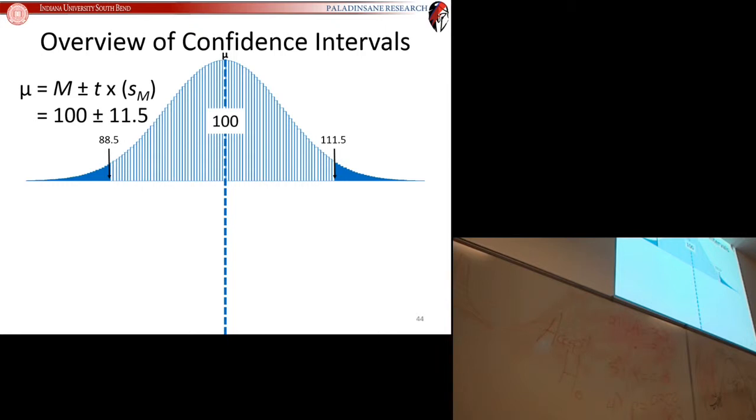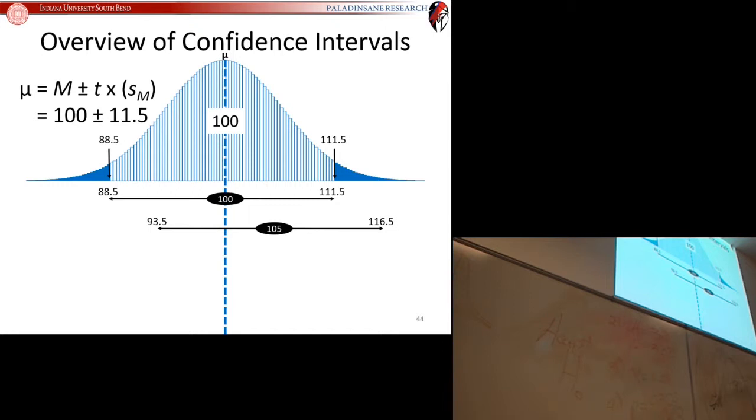That would be plus 11.5, there's minus 11.5, so you can see that the body of the distribution is as wide as your interval. That would be the situation expressed right here. And again, notice that any sample, as long as it's in the body, its interval will contain the mean and will be a correct estimation.